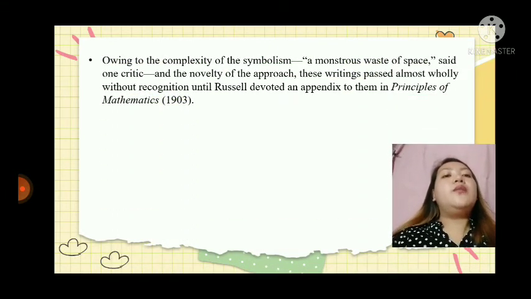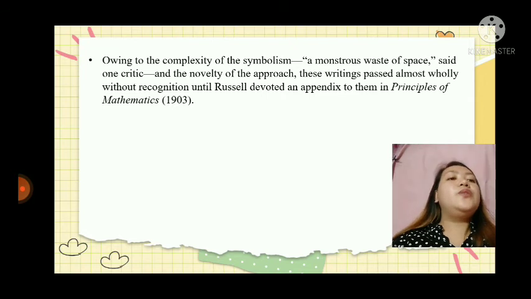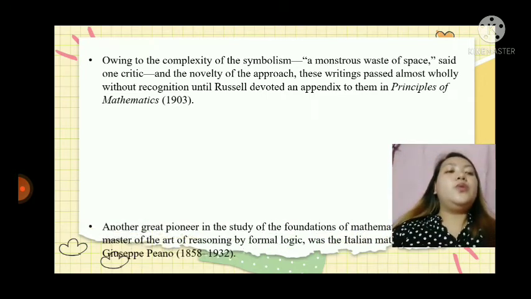Owing to the complexity of the symbolism, a monstrous waste of pieces, said one critic, and the novelty of the approach, this writing passed almost wholly without recognition until Russell devoted an appendix to them in the Principles of Mathematics in 1903.